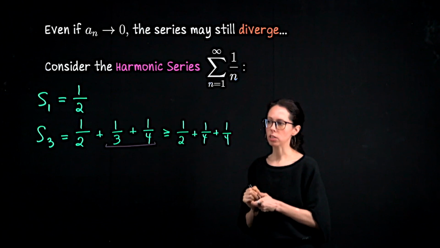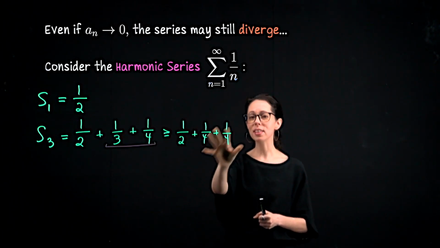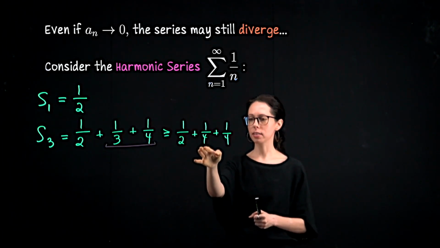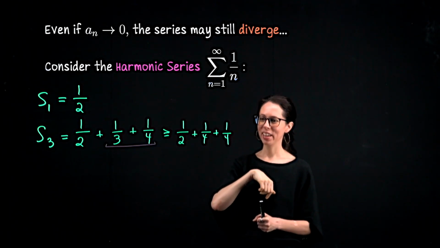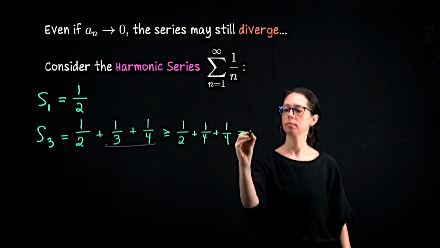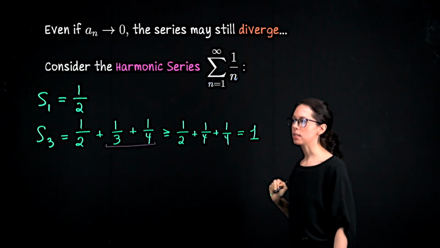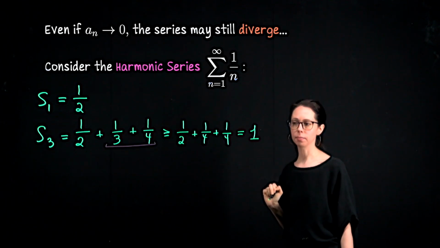The nice thing about changing 1/3 to 1/4 is that this is easier to add up. These two 1/4s add up to 1/2, and 1/2 plus 1/2 is 1. So I know that S sub 3 is greater than or equal to 1.